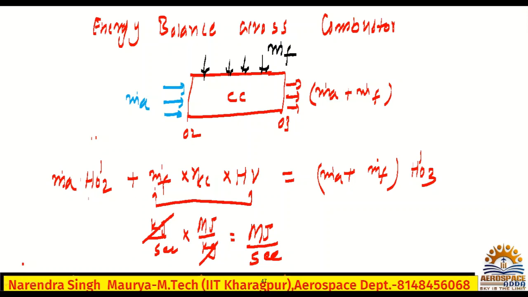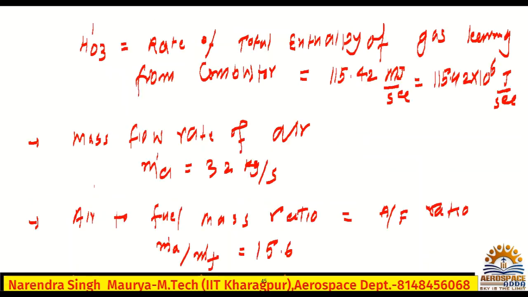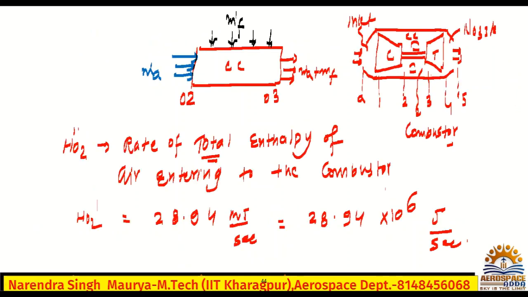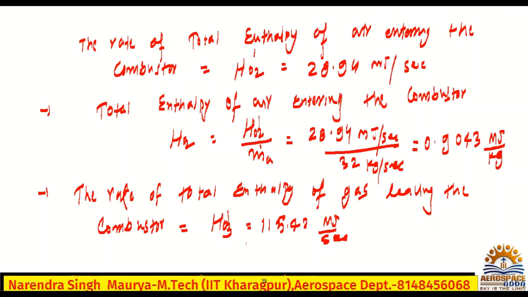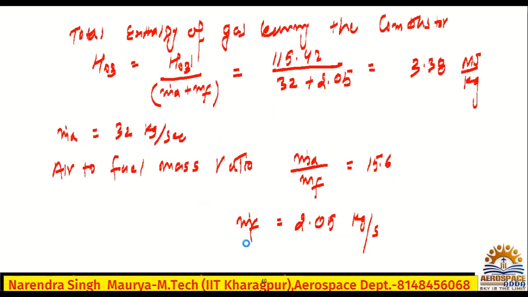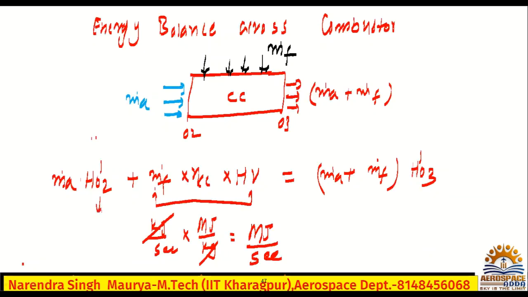So obviously h naught 2 dash, check h naught 2 dash. What is the h naught 2 dash unit? See, it is megajoule per second. So h naught 2 dash is okay, but in multiplication it is m dot a, which is kg per second.